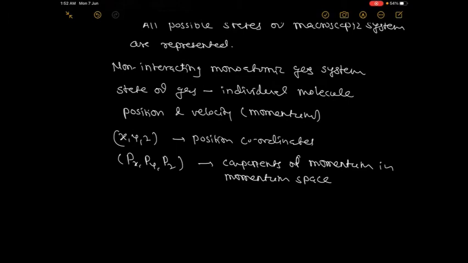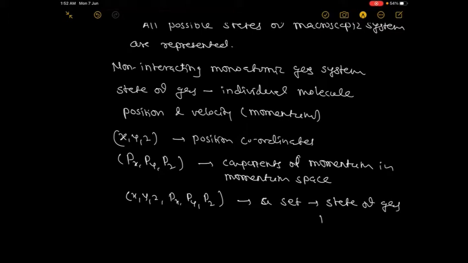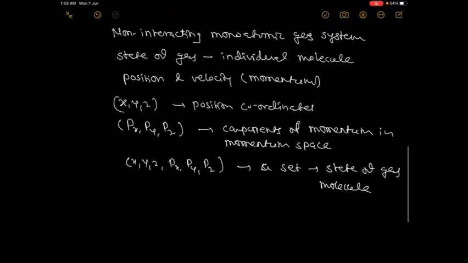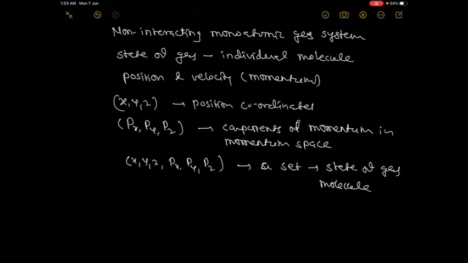Such position coordinates and momentum coordinates together give one set, and that set is x, y, z, px, py, pz. Such a set specifies the state of gas molecule. Hence, to specify state of gas molecule, it requires 6 coordinates.